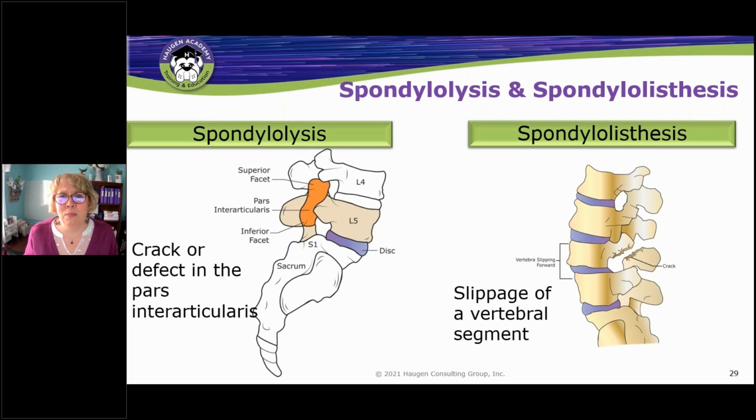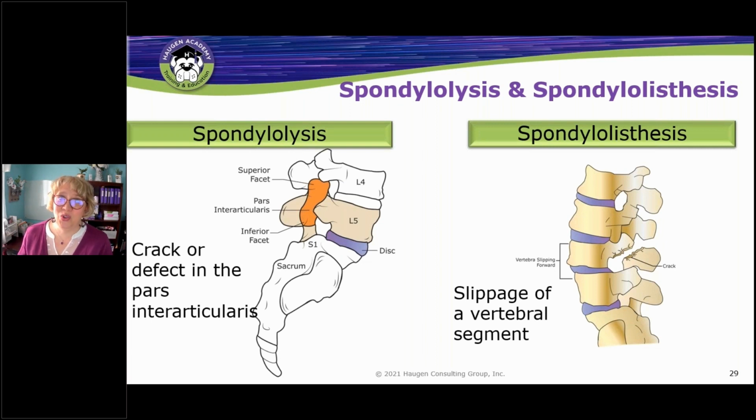When we get into coding, and I've seen this question posted in chat groups on social media, or in some different places: can I code spondylosis with spondylolysis with spondylolisthesis? This is where you're really going to need to focus on your excludes notes in CM. You can code spondylosis with spondylolysis. Those are two different conditions. You can code the two together. You can code a spondylosis with spondylolisthesis.